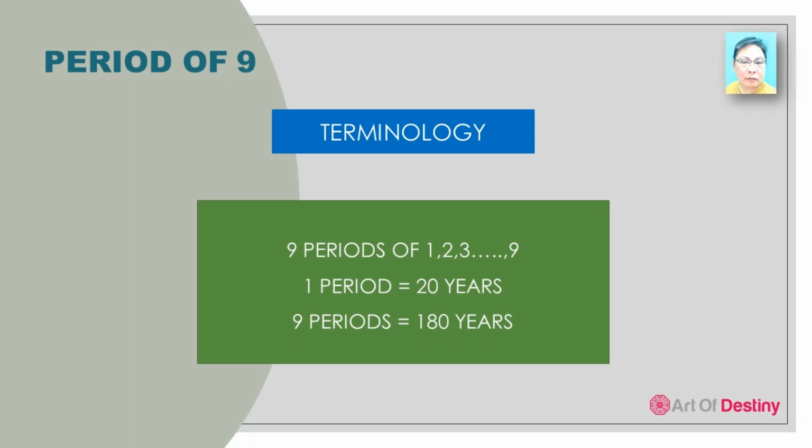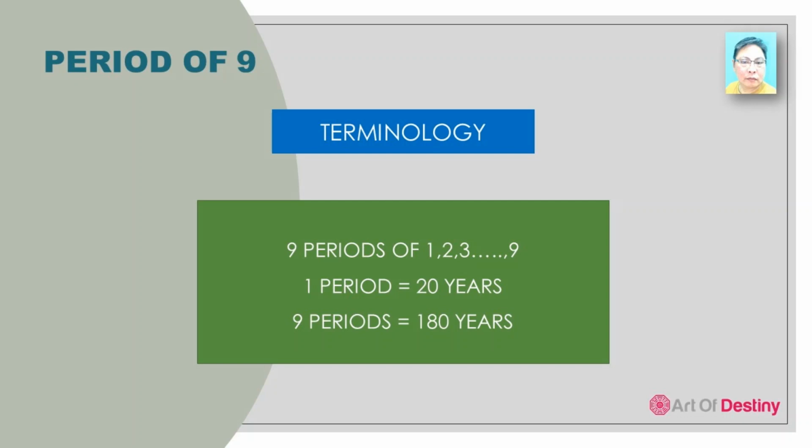Every period in this 3-cycle 9-period system is given a length of 20 years. This length is standard; every period is 20 years. Up to 9 periods, you complete 180 years. So 180 years is equivalent to 3 cycles. That's why it's known as 3-cycle 9-period.